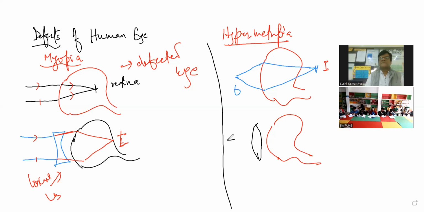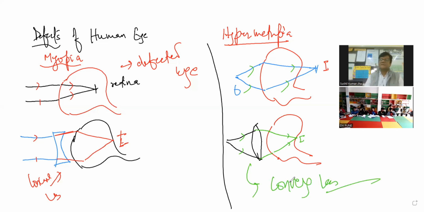When light from nearby objects reaches it, the light first converges, and again at the natural human eye, which is also convex, it converges again, and in this process the rays are able to reach the retina, and thus the image can be seen. So by using a convex lens of suitable power, this defect can be overcome or removed.